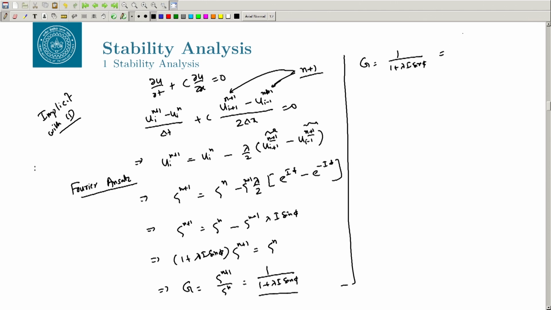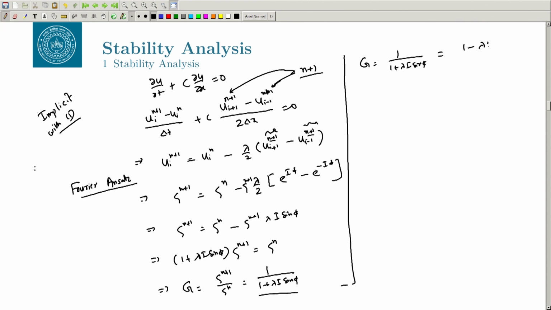Before that, we can multiply top and bottom with 1 minus lambda i sin phi, that will be better. We can work it either way.